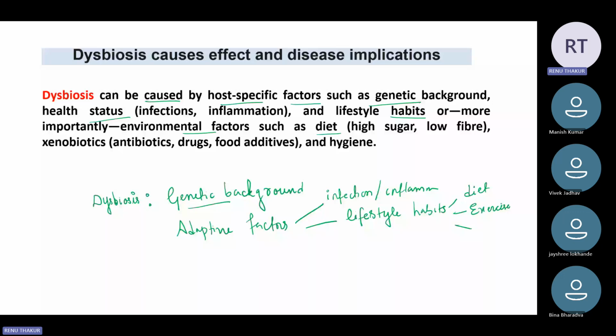In food microbiology, I have also taught the ill effects of different food preservatives, because nowadays there are so many foods whose shelf life is more than 1 year, more than 2 years. So how is it maintained? This is maintained just because of the addition of different chemical preservatives.